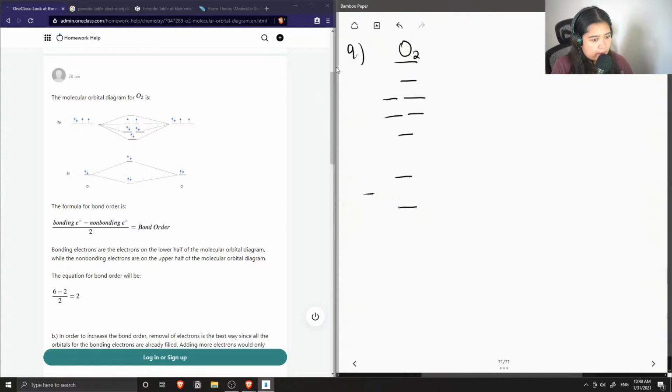And this is a good molecular orbital diagram, but it's kind of just missing some of the labels. I'm just going to quickly sketch it out.